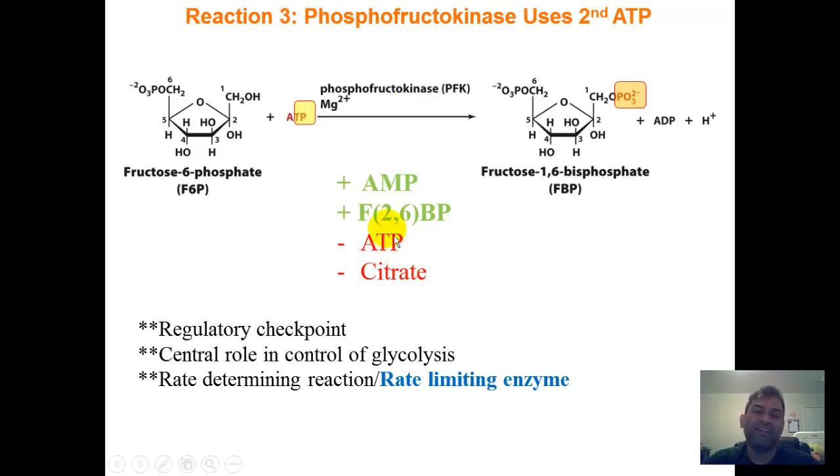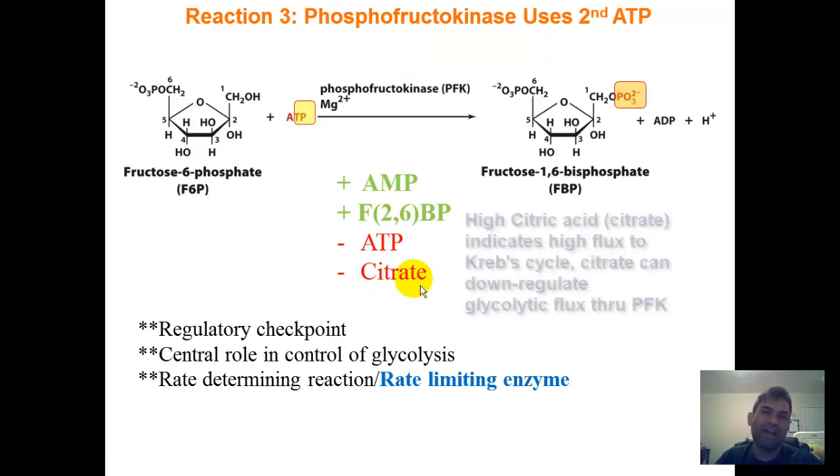Okay, on the flip side, if there's high ATP, some of the ATP can go back and downregulate this enzyme, alter the Vmax, alter the Km. So ATP negatively regulates this enzyme. Citrate actually negatively regulates this enzyme. The reasoning behind this has to do with the citric acid cycle, separate metabolic pathway.